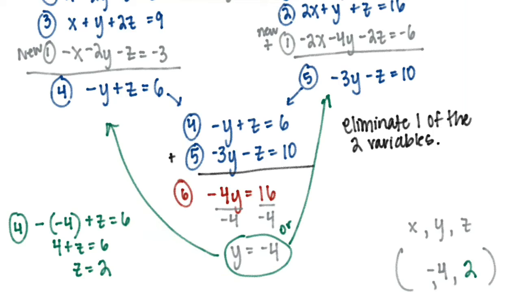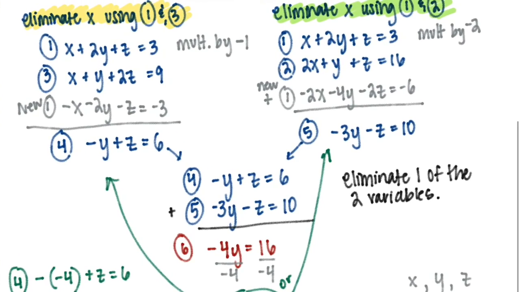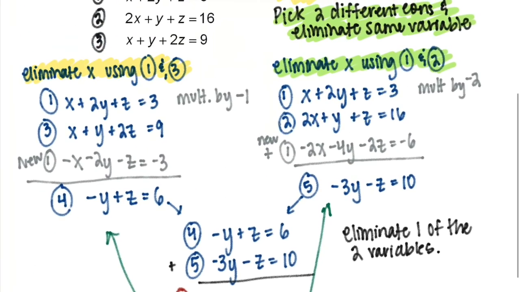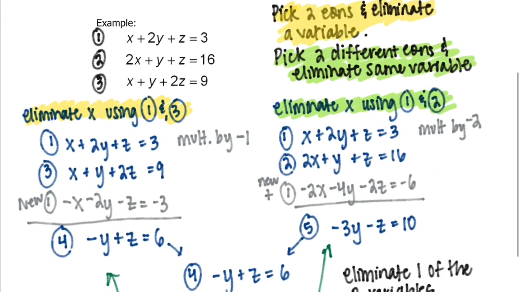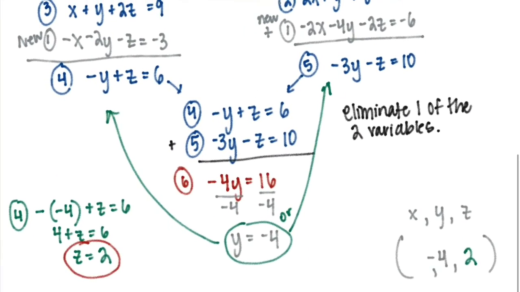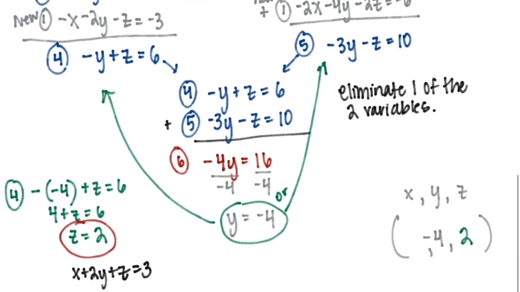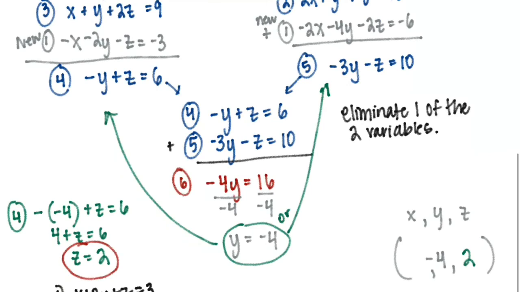Now that I have y equals negative 4 and z equals 2, I can take both of these values and plug them into one of the original equations with 3 variables. I'm going to take x plus 2y plus z equals 3. That was our very first equation. This is the original equation 1.